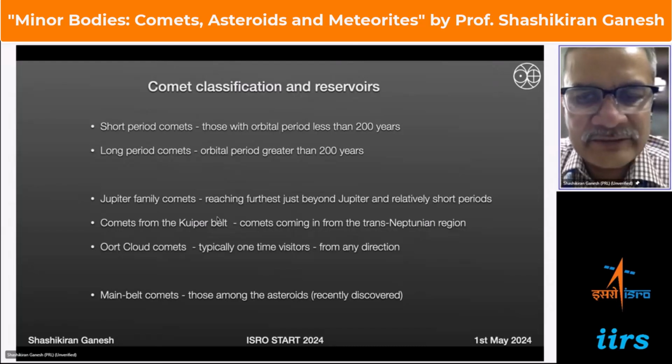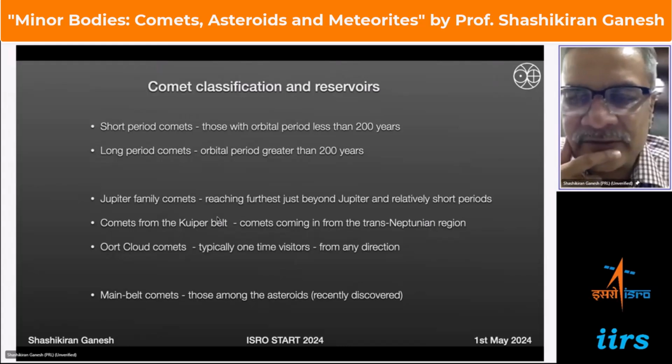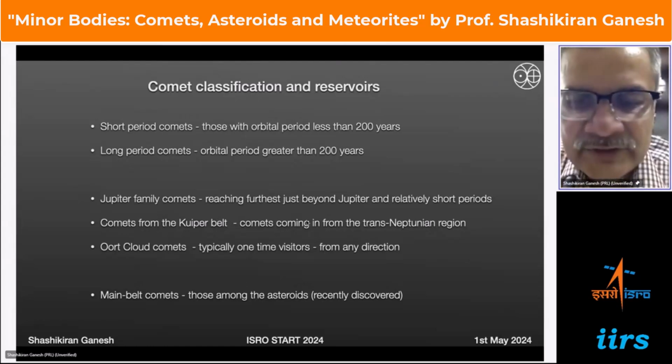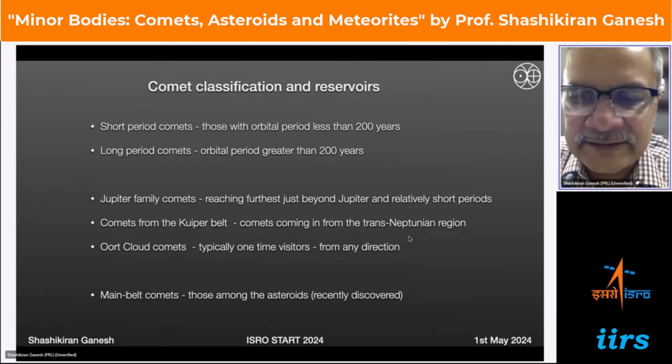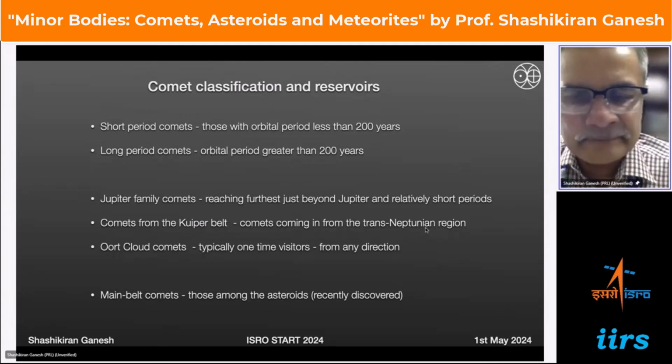You also have Jupiter family comets, like Comet 67P and 2P, which are relatively short period objects, up to about 20 years. Comets from the Kuiper belt come from the trans-Neptunian region and have slightly longer periods, around 40 to 60 years. A typical example is Comet Halley at 76 years.